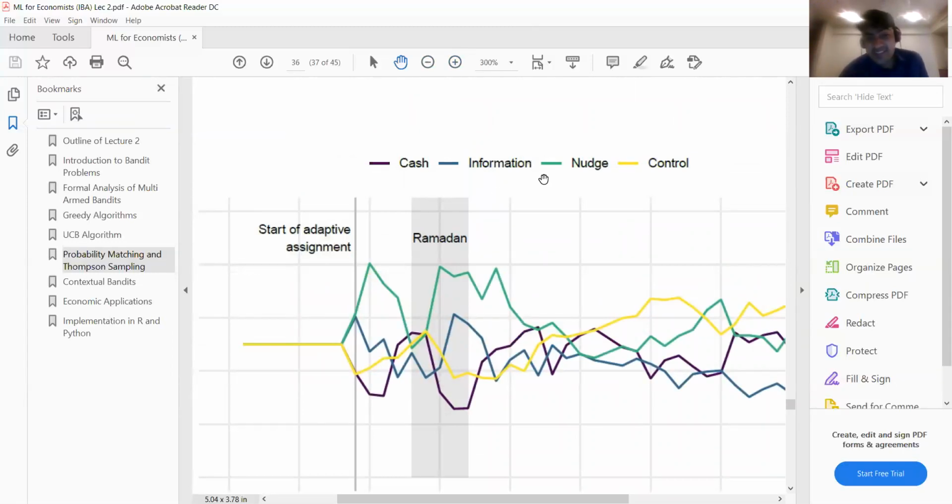For some reason, the psychological behavioral nudge really starts working quite well during Ramzan. People become very responsive to the psychological motivation treatment, and their labor market outcomes start to improve, because the psychological nudge treatment is very effective during Ramzan.